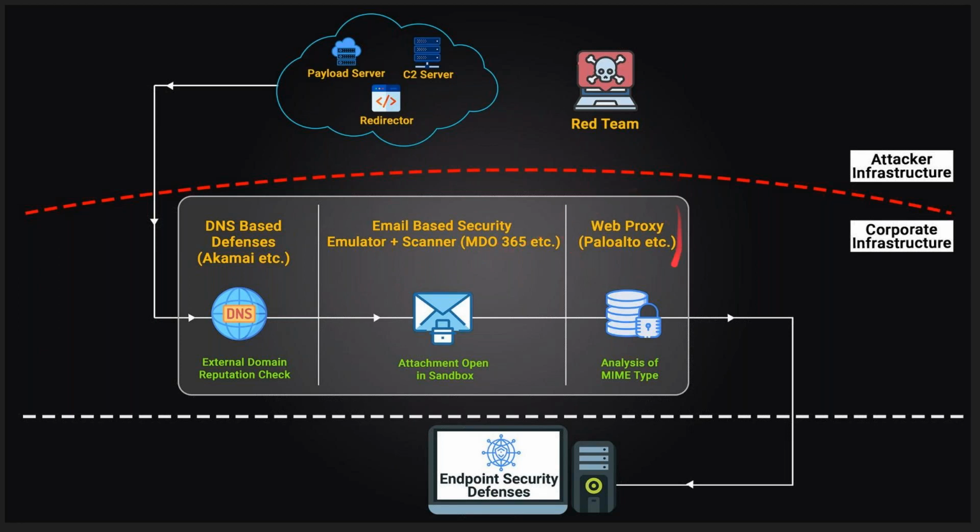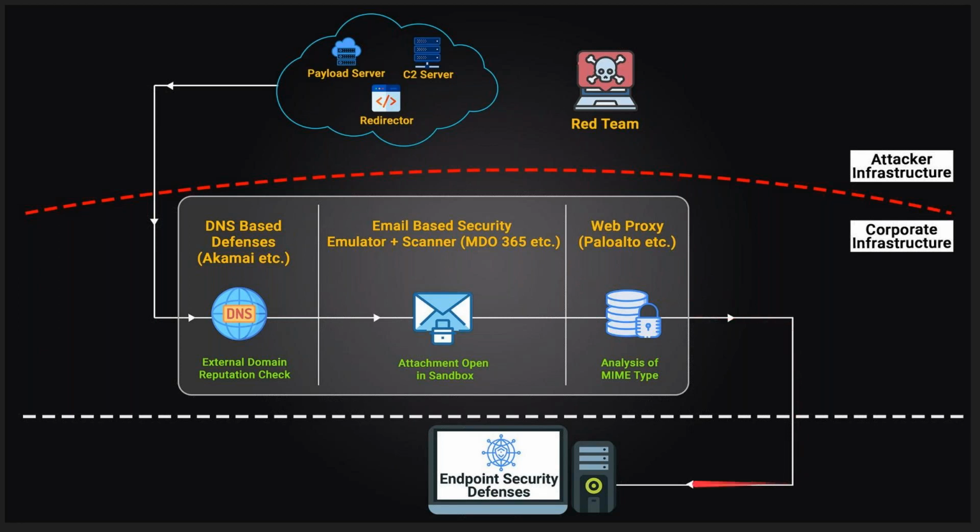Now, the very last one that the traffic will reach is the web proxy, and one example is Palo Alto. It analyzes the MIME type, etc., like what the file type is and what is actually flowing through this particular control. So that is one case.